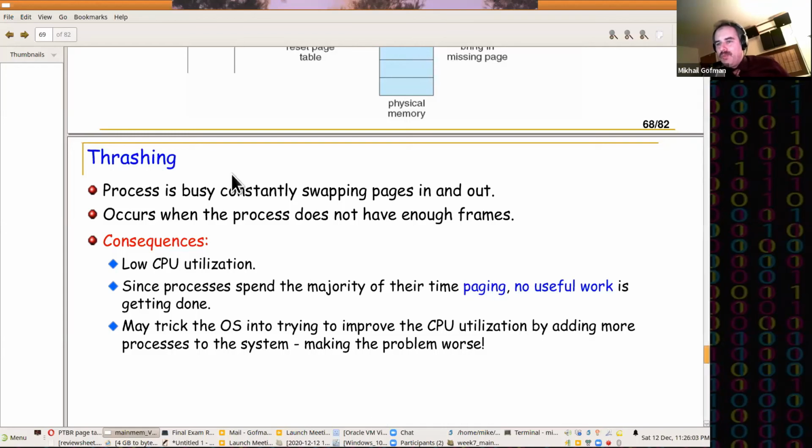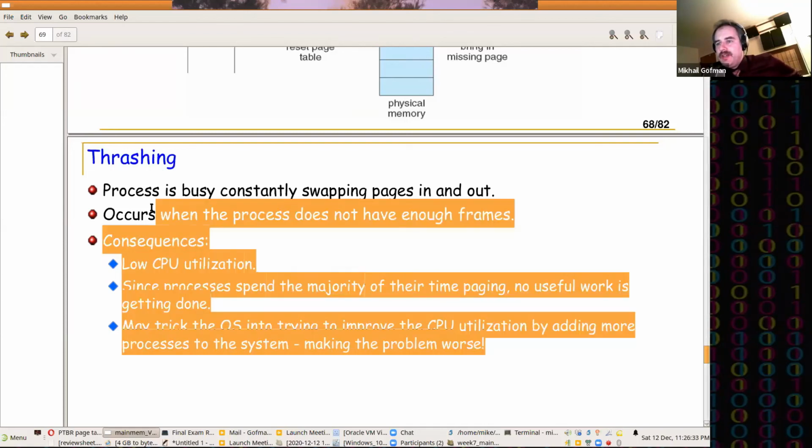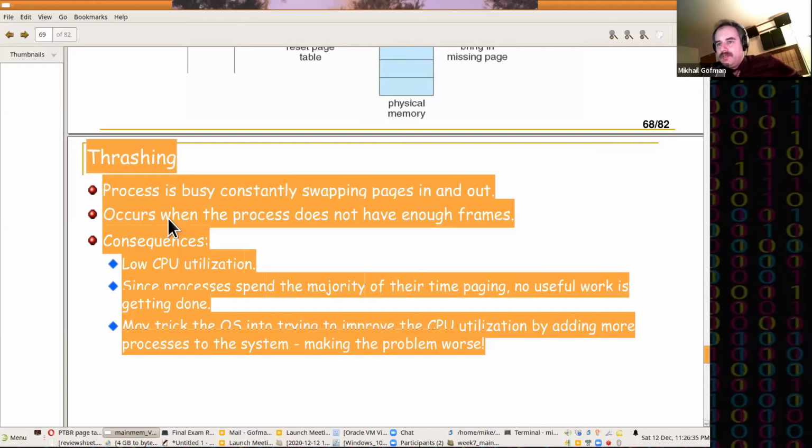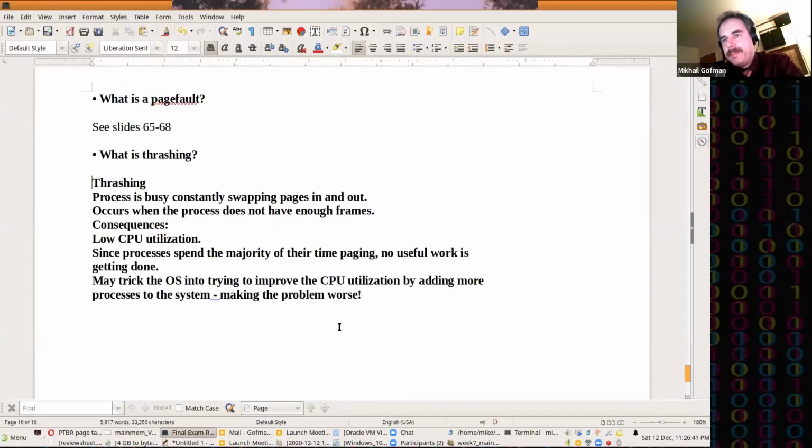But the reason the CPU utilization is low is because processes are thrashing, and the reason they're thrashing is because there is not enough physical memory available. And the way to increase the amount of available physical memory is not to add more processes. That'll do just the opposite. Okay, so that's basically the idea.